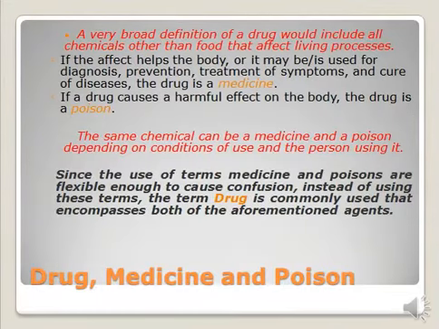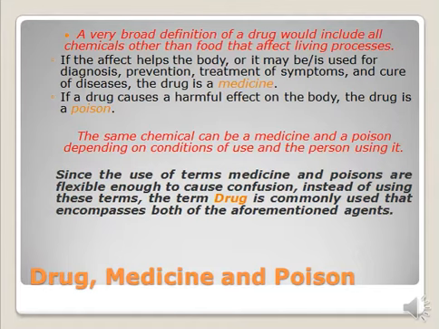The next comes a topic that's very much important for being a medicinal chemist. So the term drug, which normally we use in our daily lives, means narcotics, right? But in medicinal chemistry we treat it as a different thing. So in a very broad definition, a drug is anything that includes all chemicals other than food that affect living processes, right?